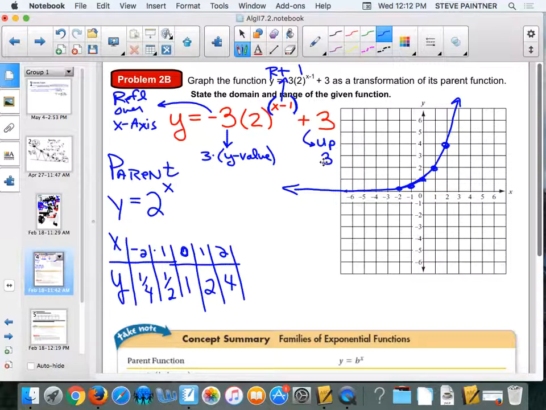Here we go. Let's go black. Okay, here we go. Let's go right 1. Pick a point. I usually pick this point right here. Right 1. Here I am right there. Now, I'm up. My y value, I'm up 1. Multiply your y value by 3. 1 times 3. 3, I'll be up. Now I'm going to triple my height.